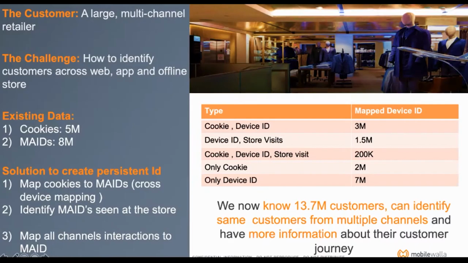Now, the most important fact is that this cannot be built in a day. When you're building customer IDs, it's not a one-day affair or a one-month thing. It has to be built over a period of time. Once you build it over time, you reach a point where you have created a customer keychain for pretty much all of your customers.